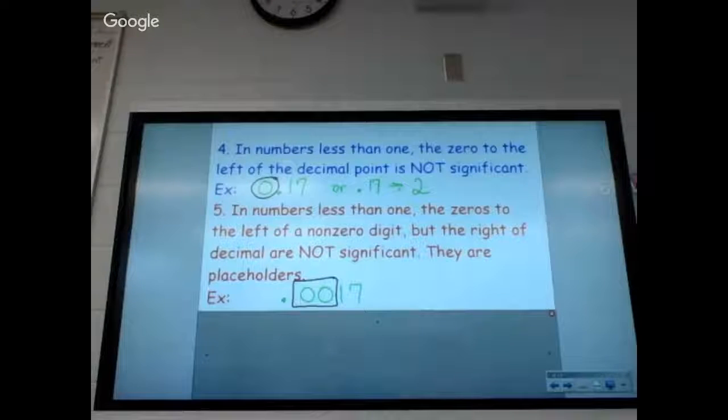But again, they have to be in numbers less than 1. The zeros to the left of the non-zero digit, but to the right of the decimal, are not significant. They are called placeholders.